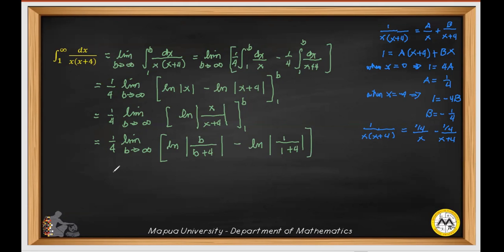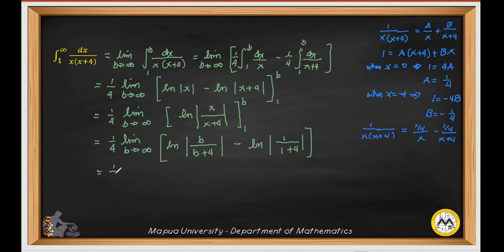And if we are going to evaluate the limit as b increases without bound, then to evaluate the limit of the natural logarithm of b over b plus 4, we can divide both the numerator and the denominator by the highest power of b, and that is, of course, b, no?